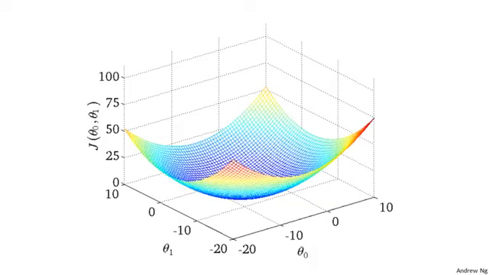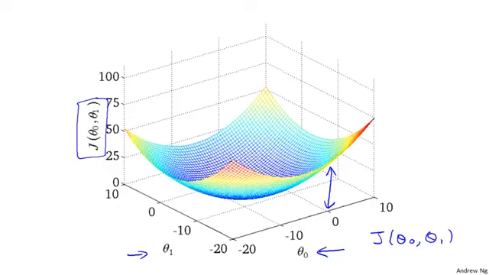This is a 3D surface plot where the axes are labeled theta 0 and theta 1. As you vary theta 0 and theta 1, the two parameters, you get different values of the cost function J of theta 0, theta 1. And the height of the surface above a particular point of theta 0, theta 1, that's the vertical axis, indicates the value of J of theta 0, theta 1. And you can see it has this bow-like shape.